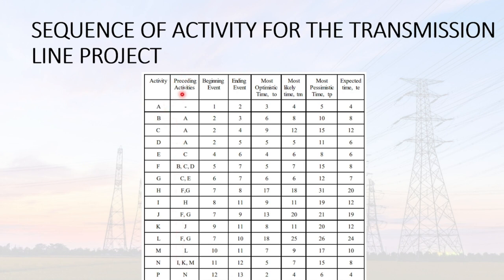With the activities and preceding activities, it is much easier for us to make our network diagram. By the expected time given, I managed to calculate our most optimistic time TO, most likely time TM and most pessimistic time TP.